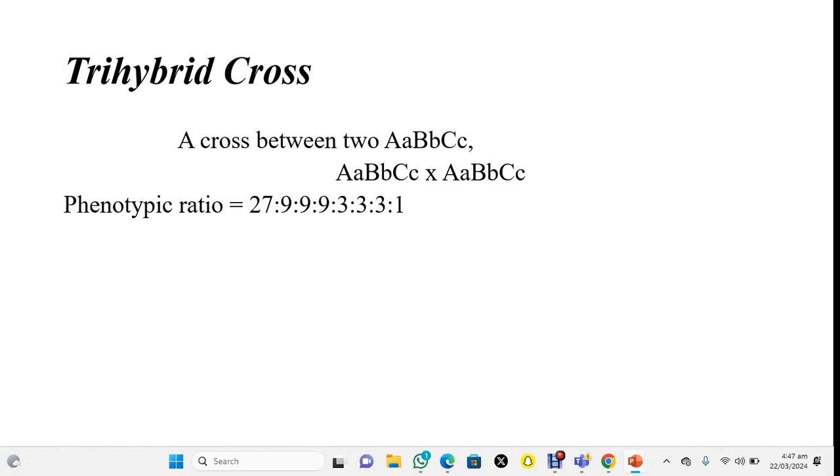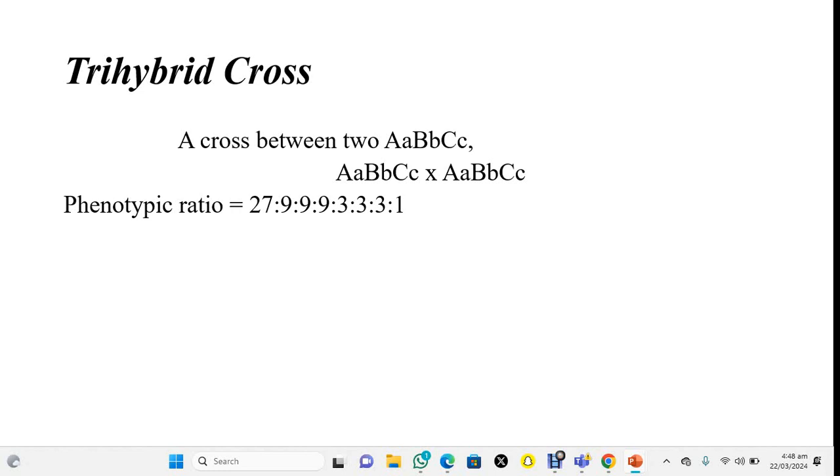So if you look at this carefully, from the phenotypic ratio, you could calculate the number of progeny within the outcomes after mating. So 27 plus 9 plus 9 plus 9 plus 3 plus 3 plus 3 plus 1 will give you 64. It means out of a trihybrid cross, we expect about 64 progeny to be formed.